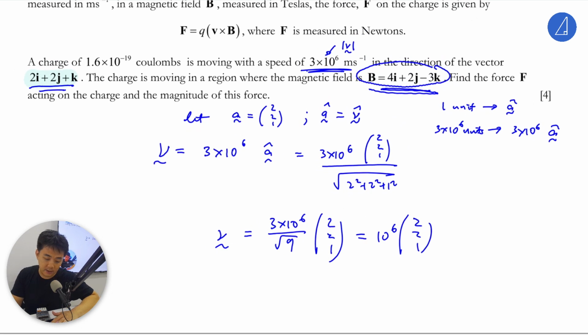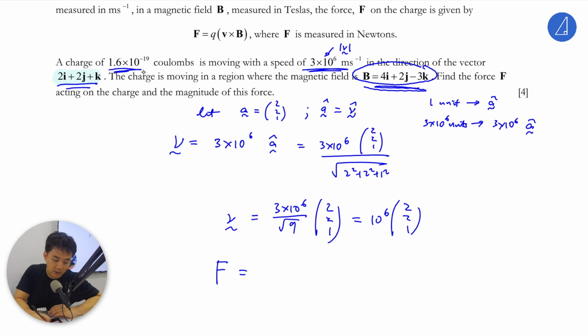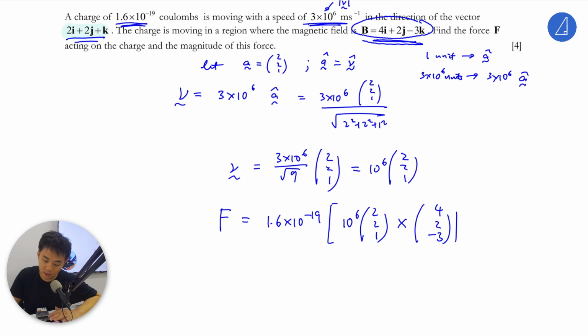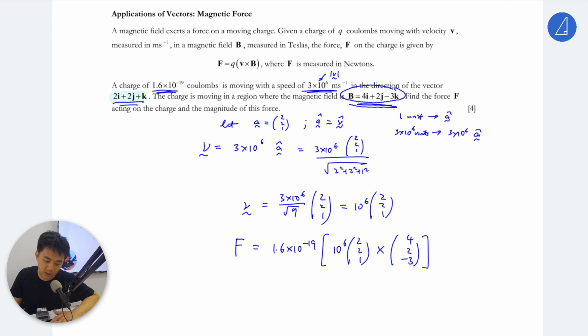In this case, what we get for F is equal to Q, this is a charge so Q is just a scalar multiple here, then v, which is this, (2, 2, 1), cross with (4, 2, minus 3). That's it. This is the force we want to find acting on the charge, and the magnitude of this force.